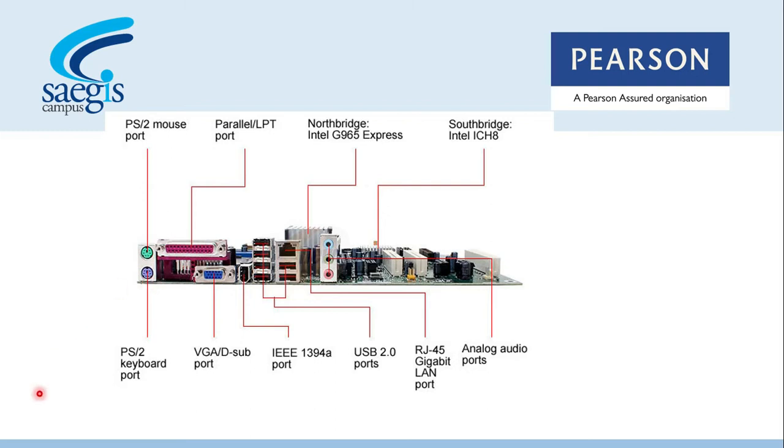That's why we need ports. Here you can see a cross view of a motherboard's ports. Using these ports we can connect internal and external parts to the computer, and connect them to the CPU.